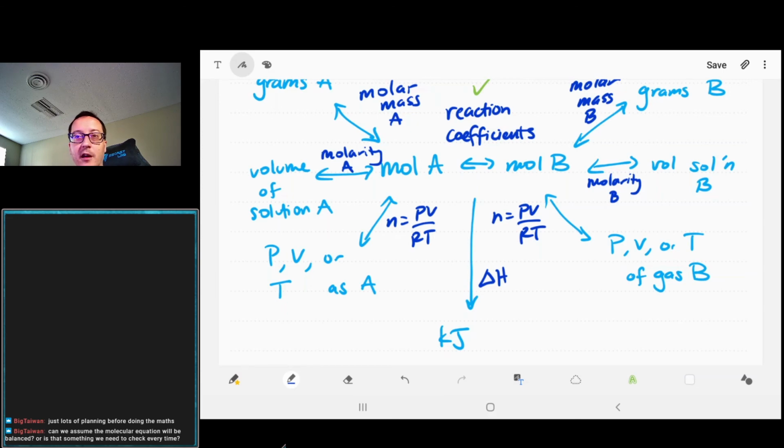Obviously we're dealing with matter for most of this chart, but we do have a little bit of energy here that we're going to associate. So we can do that too.